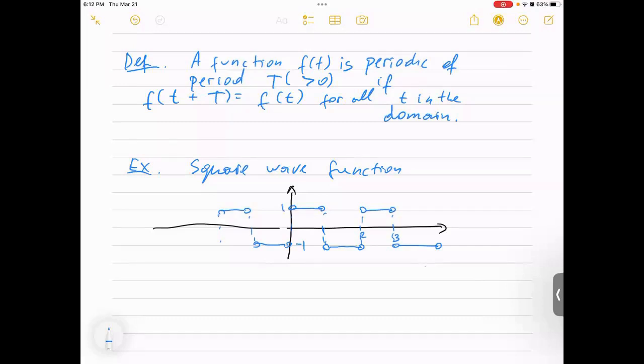So we need to give one more definition. We define f sub capital T to be the restriction of our function on one period, and it's going to be equal to 0 otherwise.